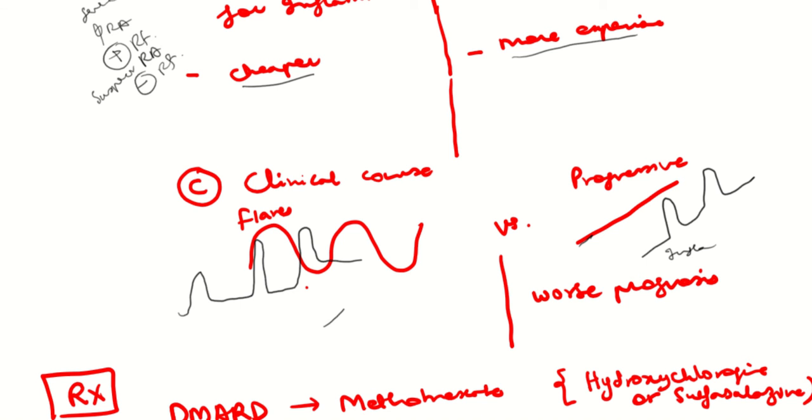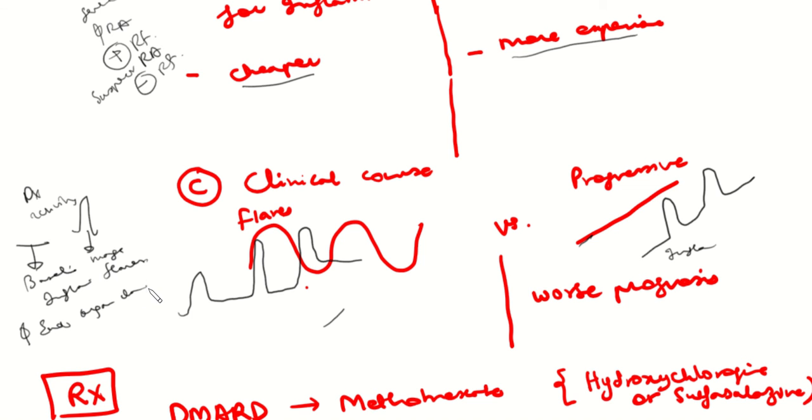So what's my goal? My goal is to manage the disease activity, keep the baseline inflammation down. And then whenever I have flares, manage my flares. And then the goal is to prevent end organ damage, specifically to the joints. Because once the pannus is developed, it's tough.